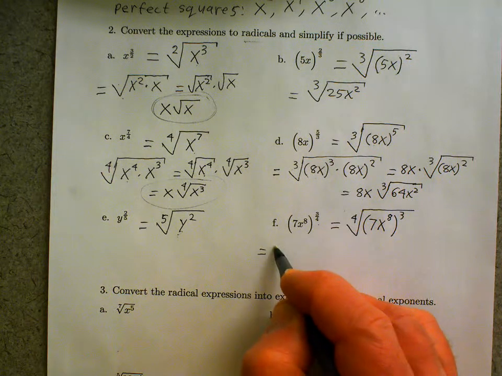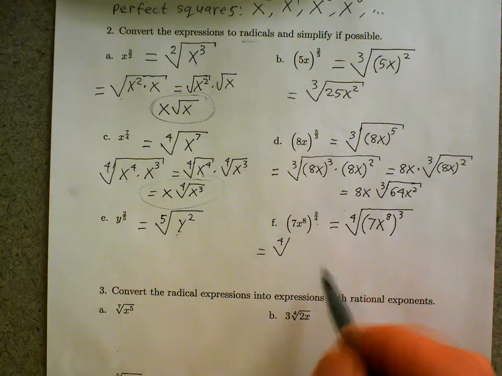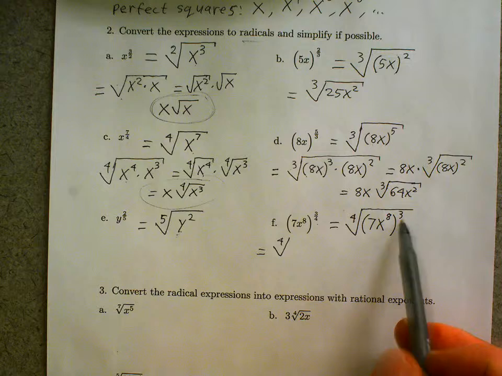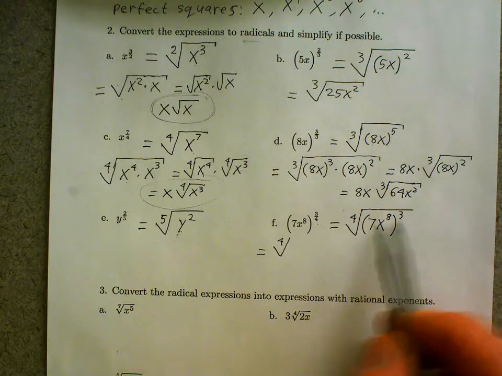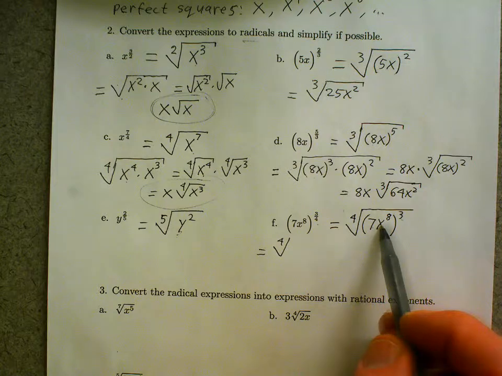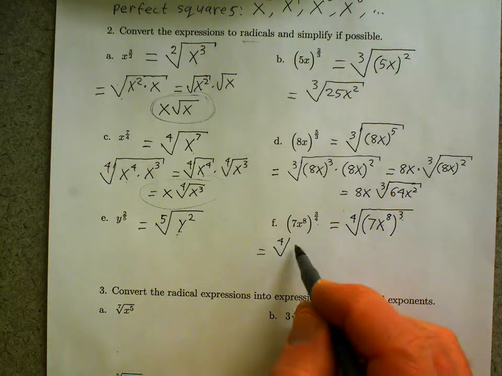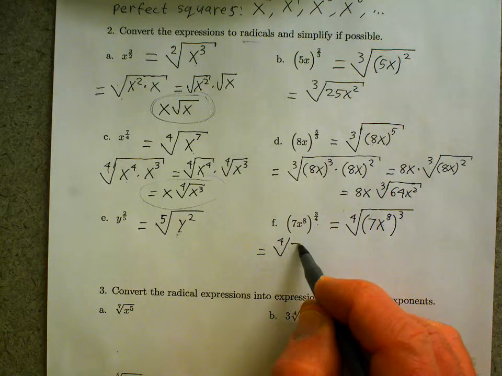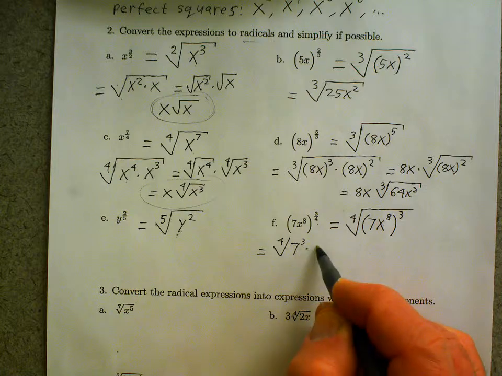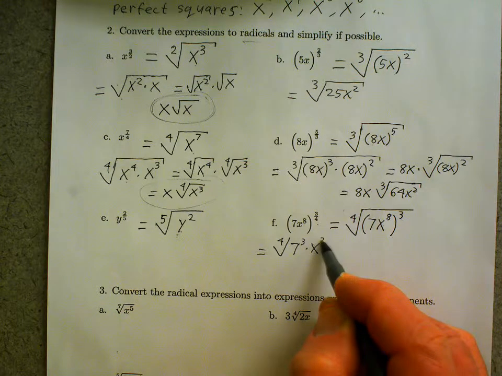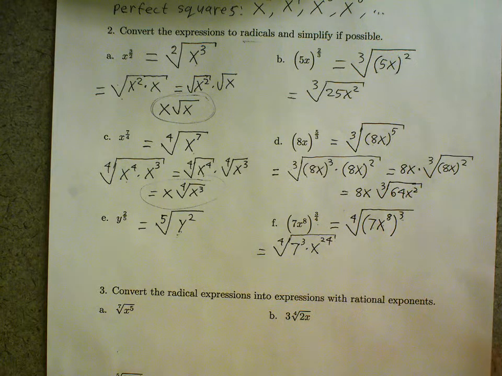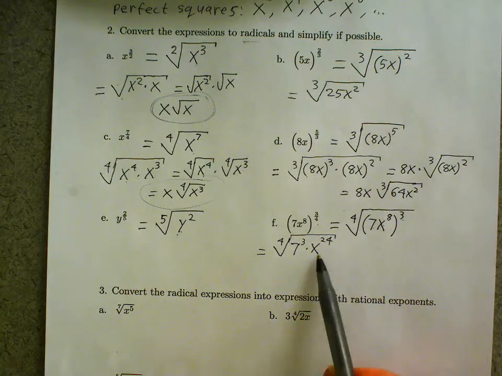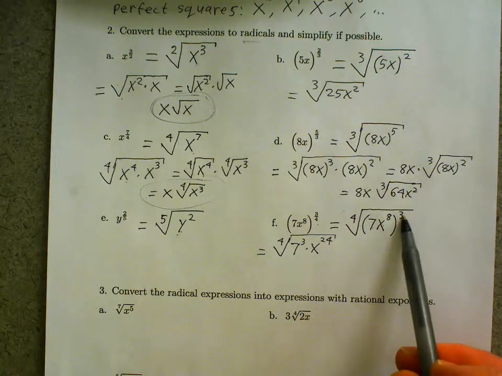So this time, inside the radical, we'll apply the outer exponent 3 to 7 to the 1st times x to the 8th. And we'll get 7 to the 3rd times x to the 24th, because 3 times 8 is 24.